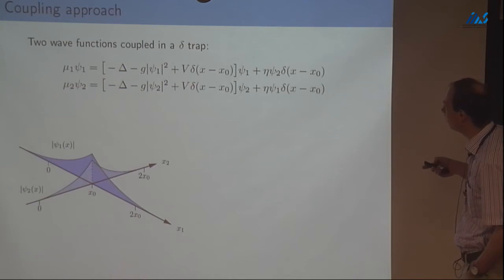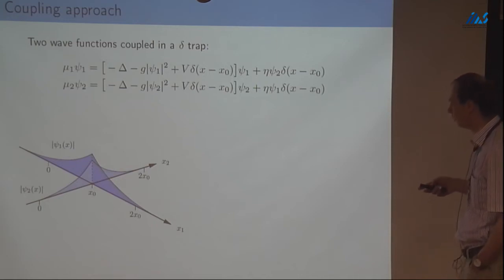We assume it to be real and put later all phase relations in the wave functions, in the relative phases of the wave functions. We have the Gross-Pitaevskii equation for the second system, again here with this delta trap. And we have, again, a coupling, and this time it's a coupling to wave function psi1.